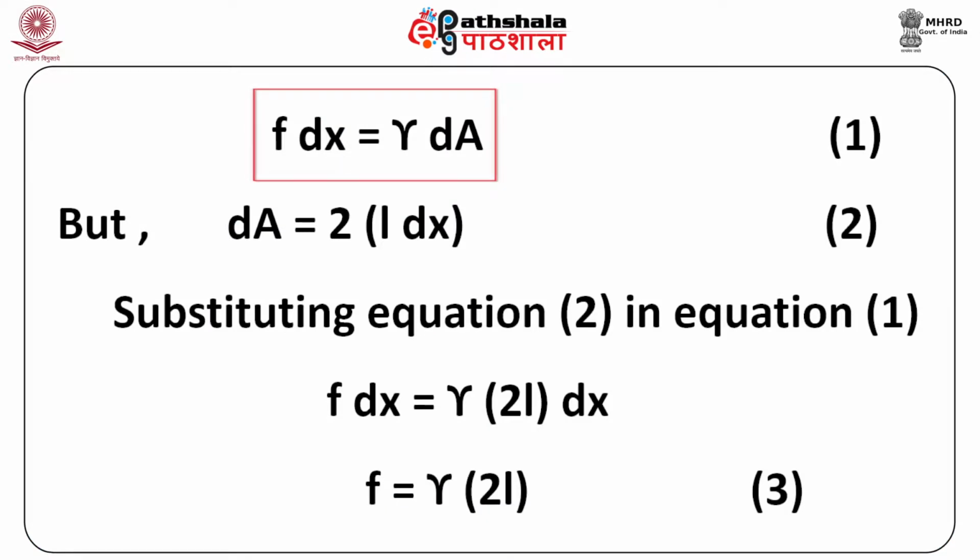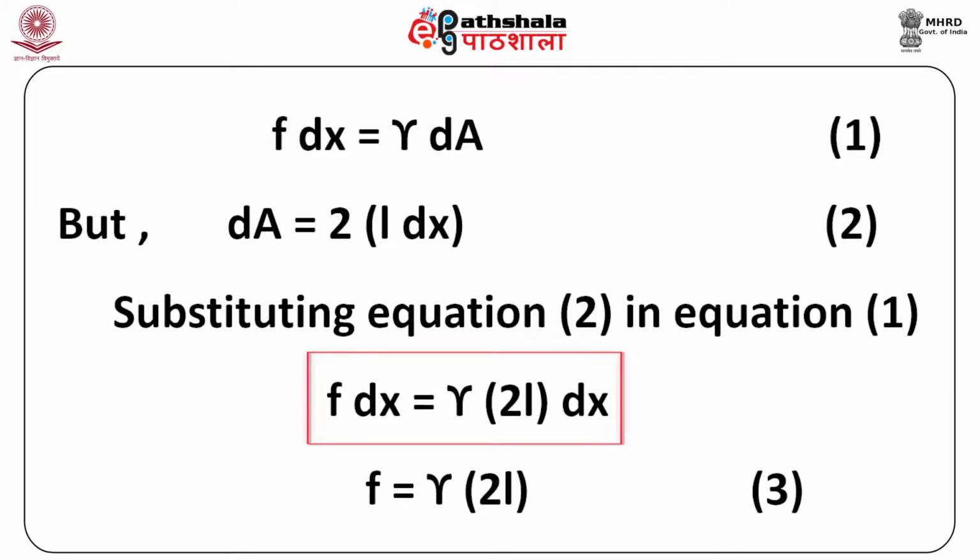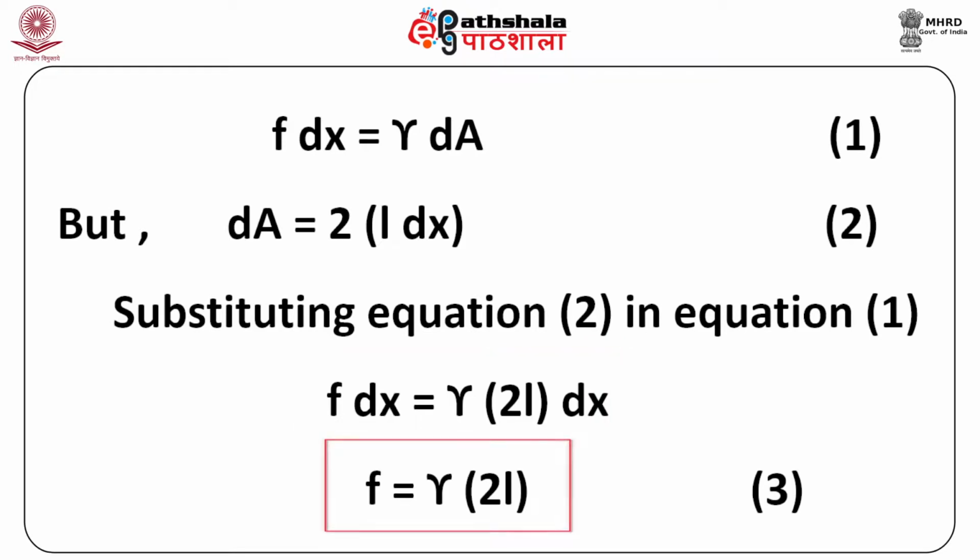Equating the two, we get F dx equals gamma dA, as our equation 1. But dA equals 2 L dx. The factor 2 appears as the film has two sides. This is our equation 2. Substituting equation 2 in equation 1, we get F dx equals gamma into 2L dx, or F equals gamma into 2L, as our equation 3.